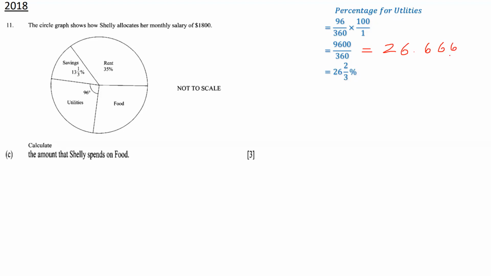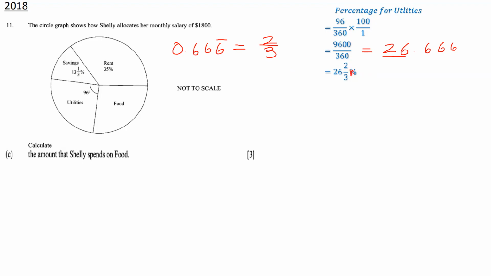But 0.666 continuing, right? That's actually equal to 2 over 3, right? And so what that basically means is that what we actually have is 26 and 2 over 3, all right?